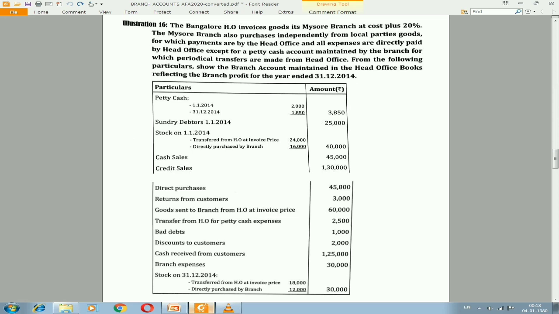The petty expenses met by the branch will be paid by the head office periodically. They may pay in a periodical manner, that may be 4 months at once, or 6 months at once, or it may be for a year at once.